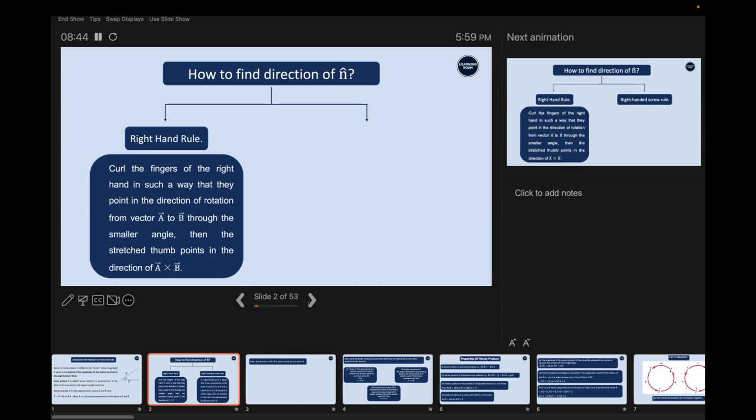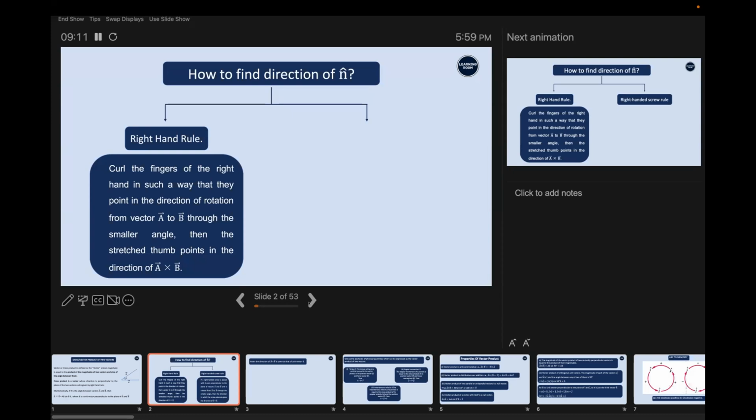So when you curl the fingers from A vector towards B vector, you need to curl them in the shortest direction possible. If I have this as A vector, I can curl the fingers in this direction, or I can curl the fingers in this direction. So which is the smallest angle that is possible? It is in the anti-clockwise direction.